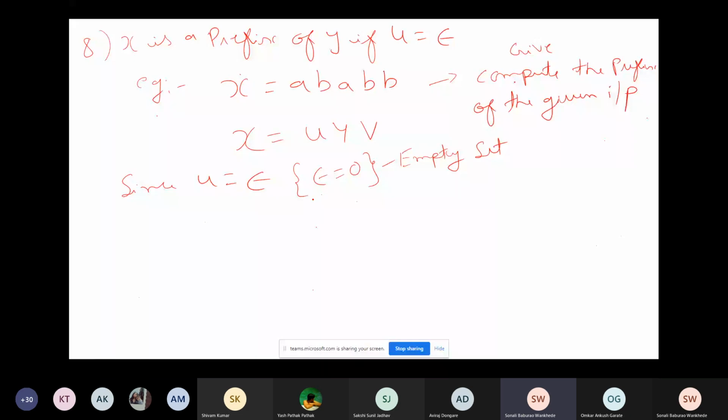X is equal to uyv, because I'm having the value of x. And over here, since u is epsilon, u is an empty string. U is 0 here.